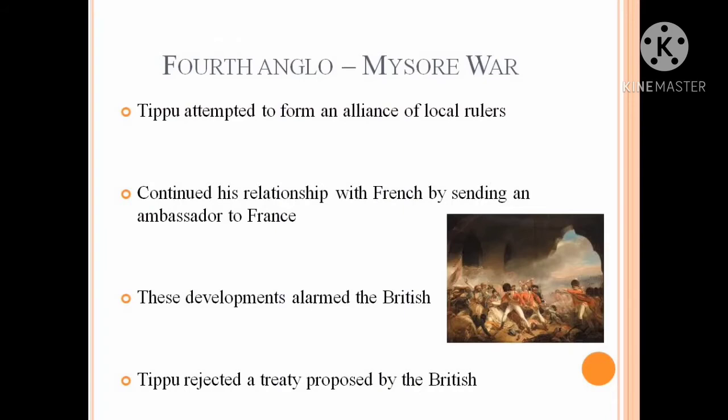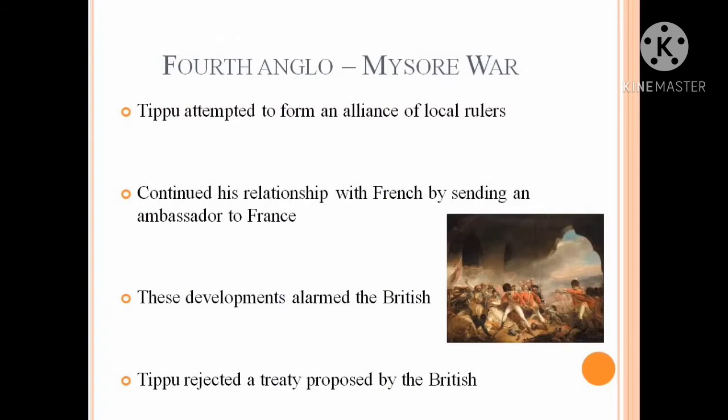The British thought it would be very difficult to defeat Tipu Sultan if he continued like this. That's why at that time Governor General Lord Wellesley, so remember, Third Anglo-Mysore War, Cornwallis; Fourth Anglo-Mysore War, Lord Wellesley, wanted to make Tipu Sultan accept another agreement.